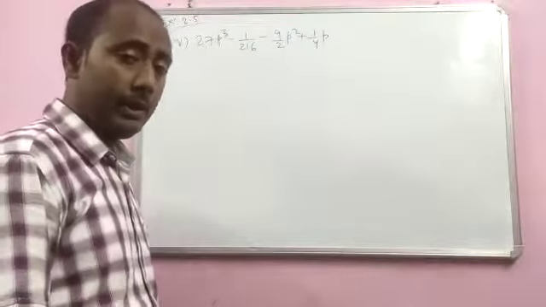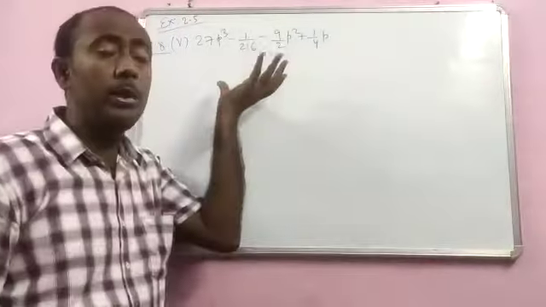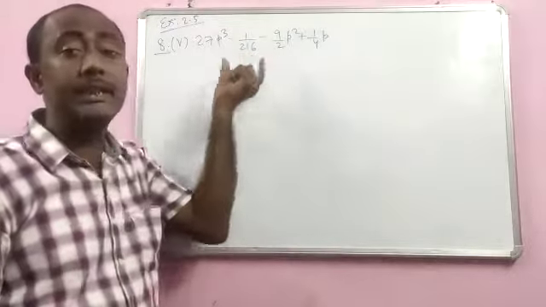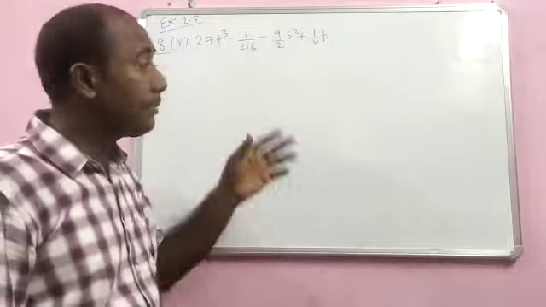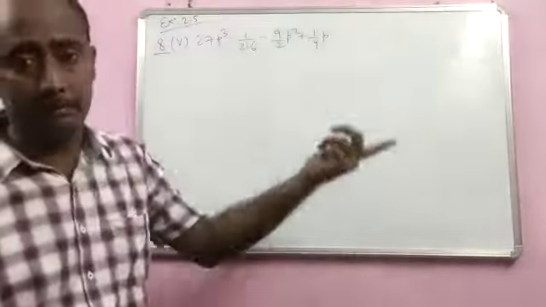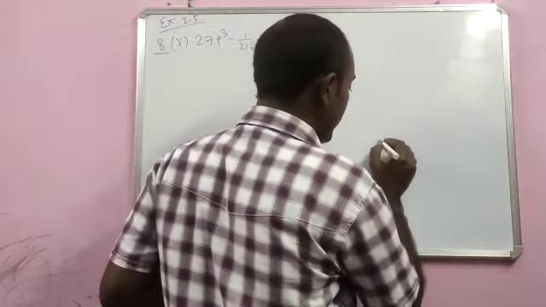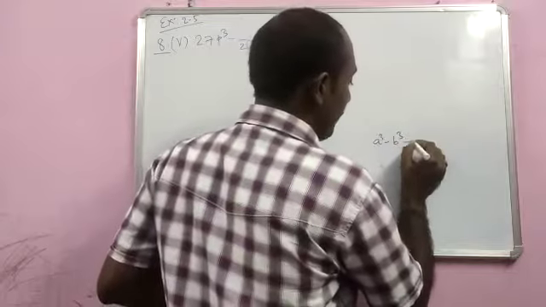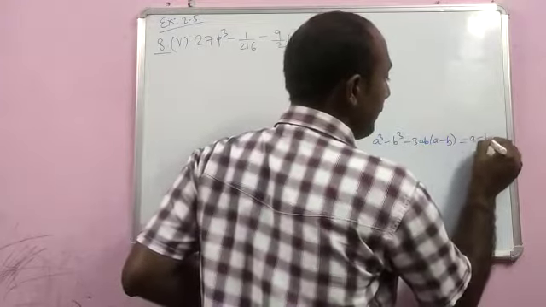As I told you in previous questions, when you are asked to factorize, you have to first identify which form this particular expression is in, and after identifying that, you have to convert this expression into that form. So here, the formula for (a minus b) whole cube is a cube minus b cube minus 3ab into (a minus b).